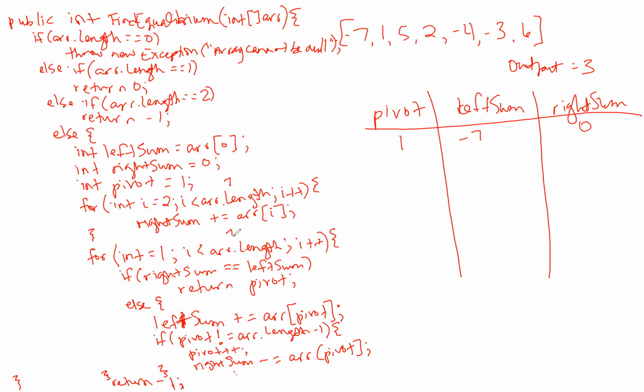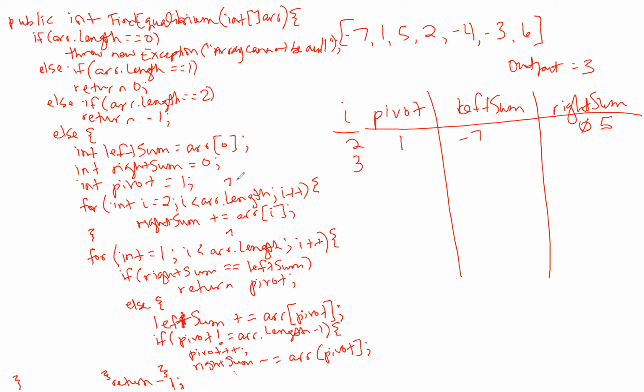And so 2 is less than 7, so right sum plus equals array at i, so array at i is 5. So this will become 5. Okay, and then i++, so i started at 2, i++ is going to be 3. 3 is less than 7.